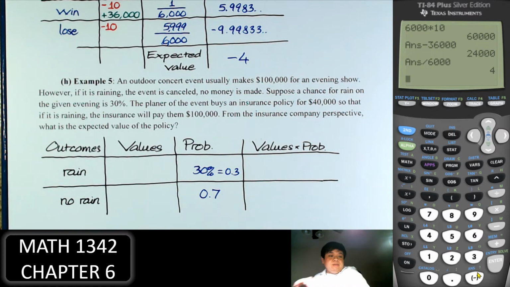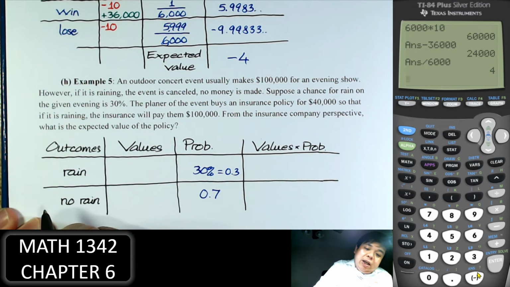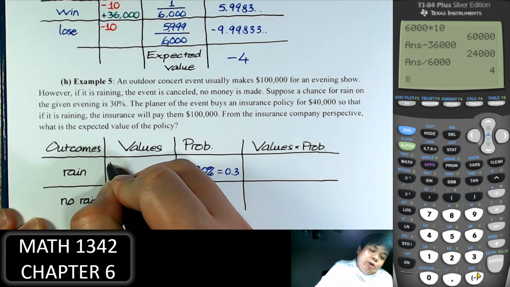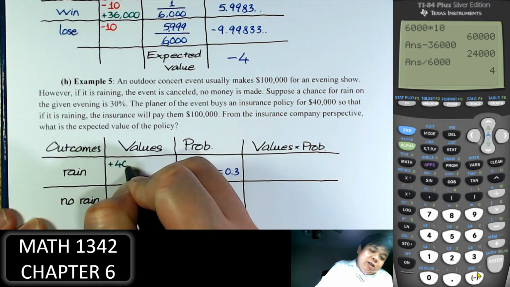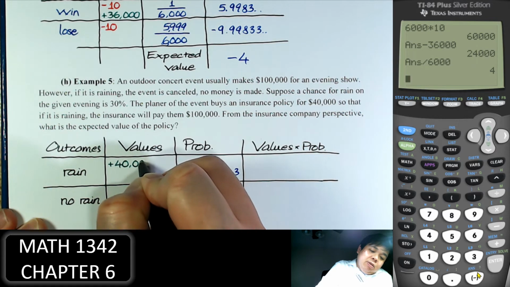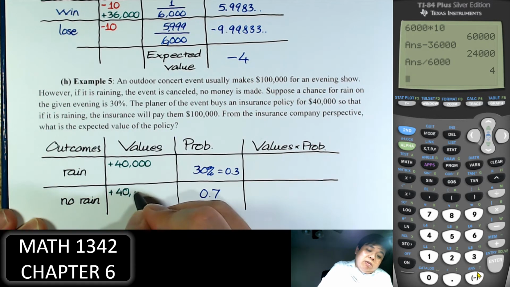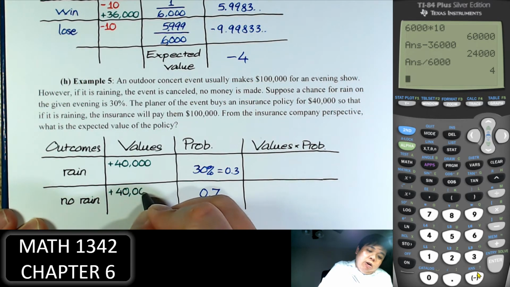Now the values. The planner buys an insurance policy for $40,000, so from the insurance company's perspective, they gain $40,000 regardless of whether it rains or not, because the planner paid the company $40,000.